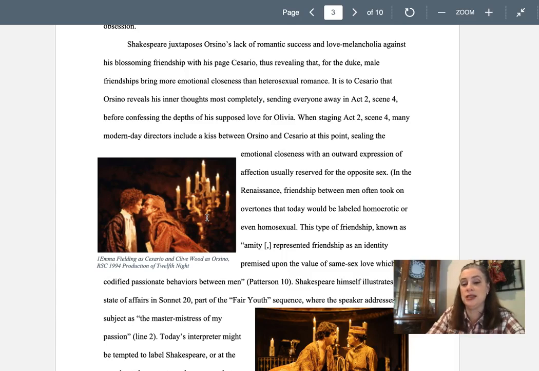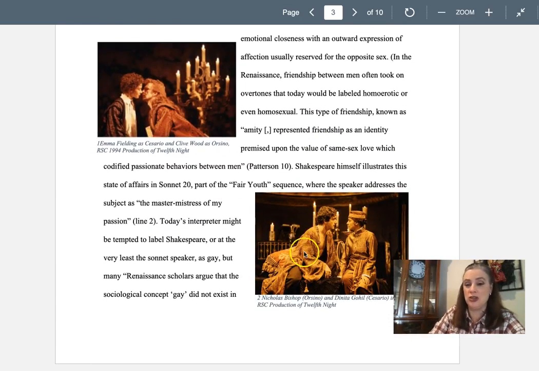And I'm showing stills from 2 different productions of the play just to show how that's happening there. Now, you don't need to use visuals, but if for some reason you decide to, this is how you would do it. You put them in, you give them a caption, and you close read the visual.